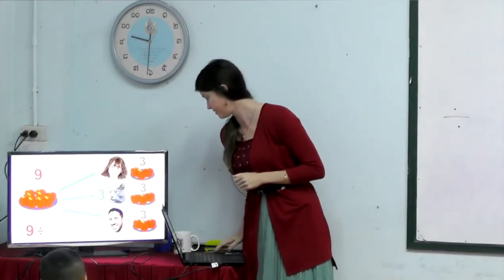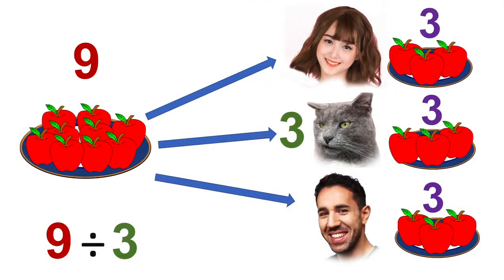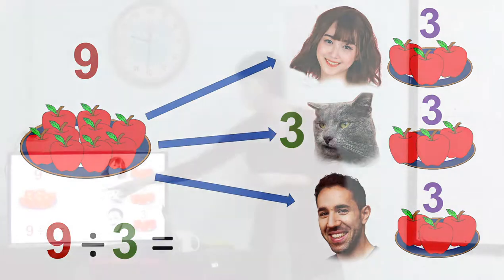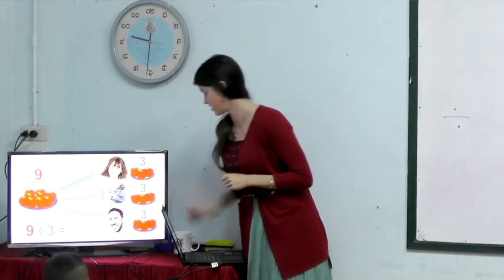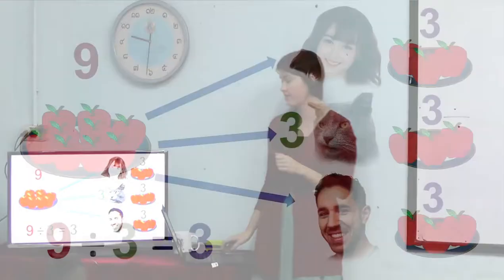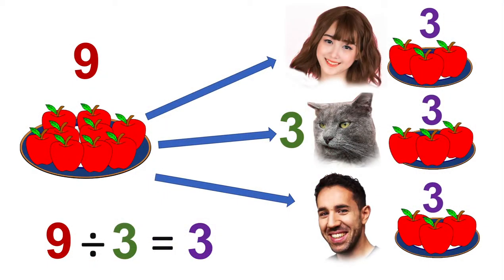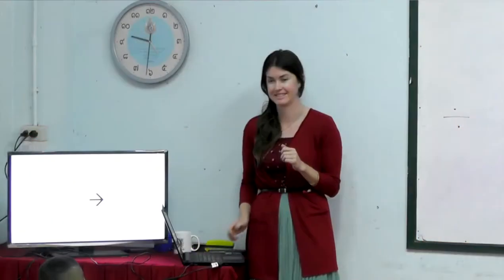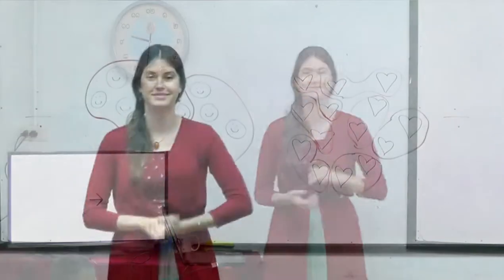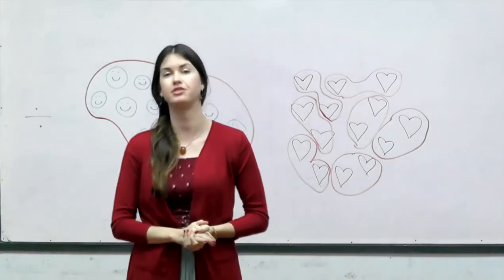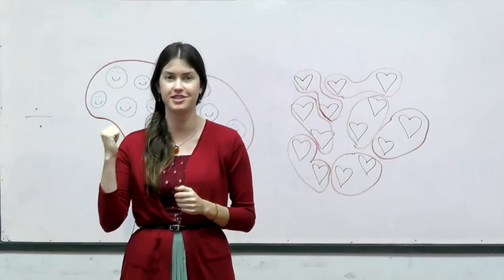So 9 divided by 3 friends, and everybody gets 3 apples. So 9 divided by 3 equals 3. Everybody's happy with their 3 apples. 12 divided by 12 does equal 1. Very nice job.